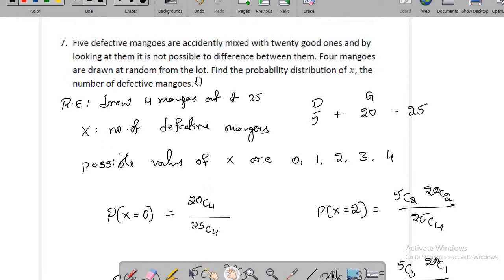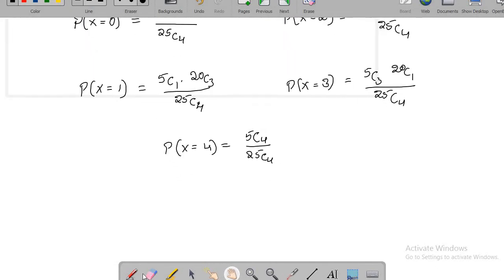Okay, so this is how you can simply do it. So finally you can write the probability distribution in a table. You write x here and you write p of x here, and here x equal to 0, 1, 2, 3, 4, and you write the probabilities here, the respective probabilities. Okay.